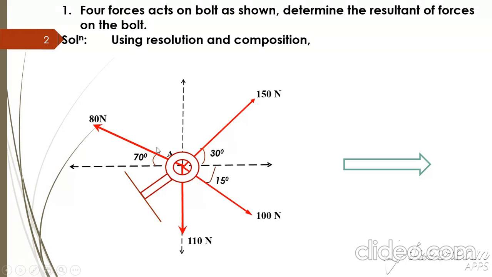In total, four forces are given: 80 Newton acting at 70 degrees, 150 Newton acting at 30 degrees with respect to x, then 100 Newton acting at 15 degrees with respect to x, and 110 Newton acting vertically downward.